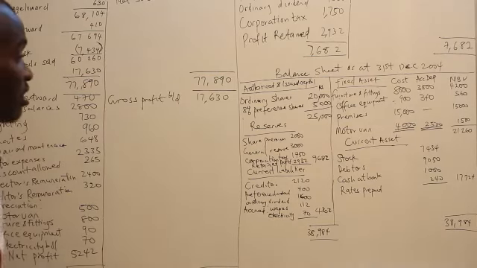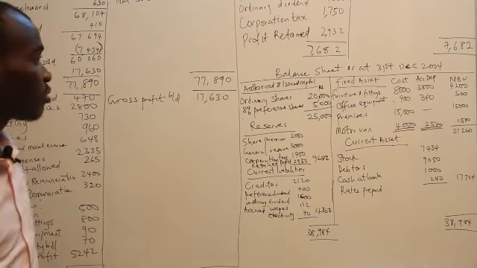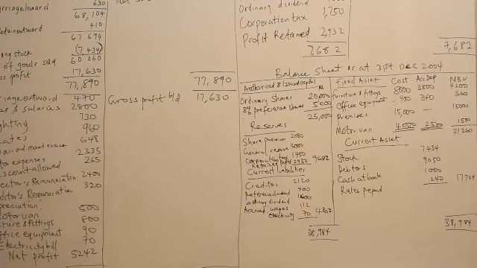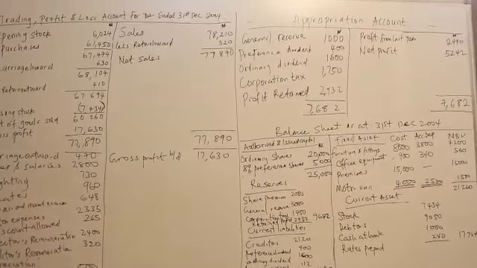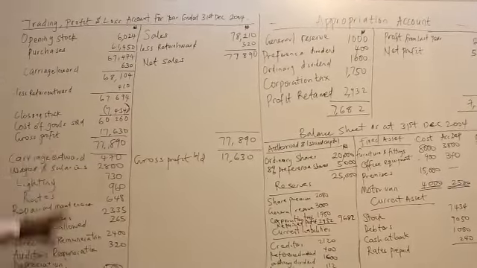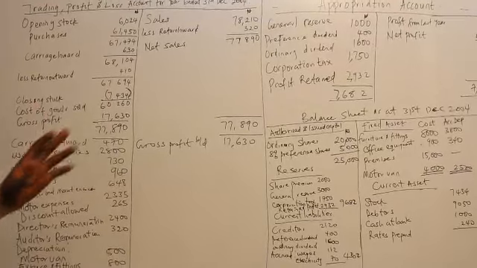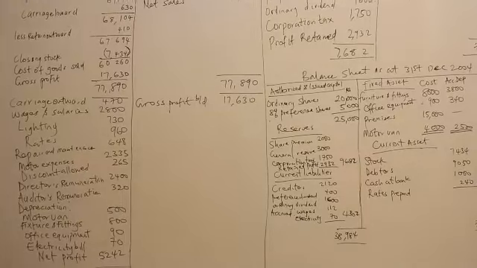It has been an interesting topic with you people. So you can check around with the question and the solutions. Move around, you can just check right from the trading profit and loss account up to the appropriation account and up to the balance sheet of the company.